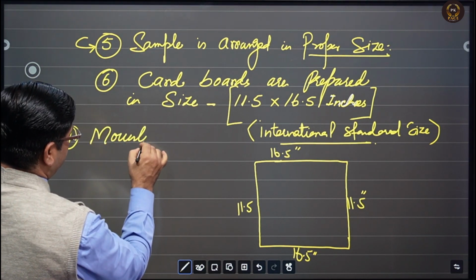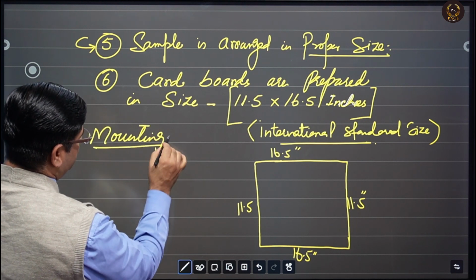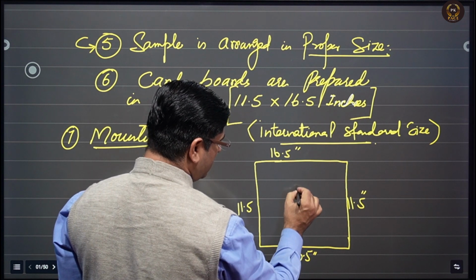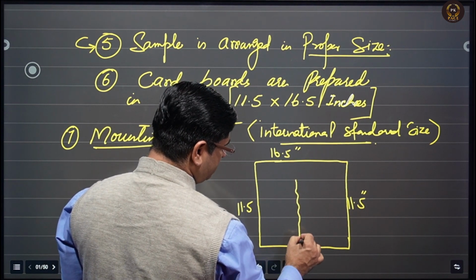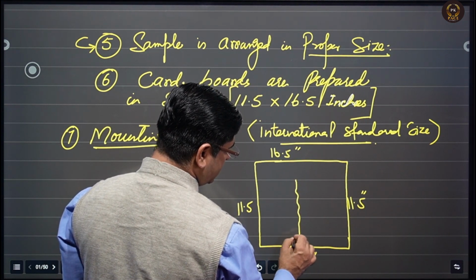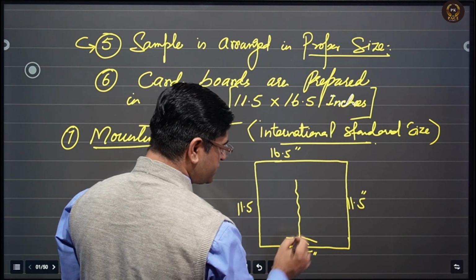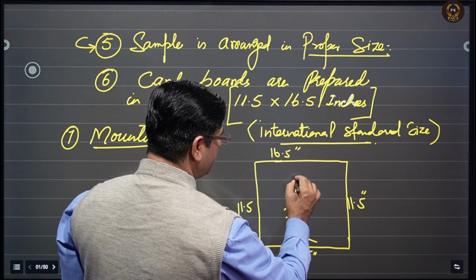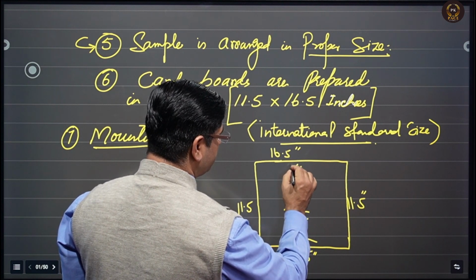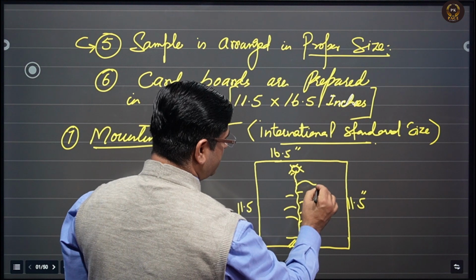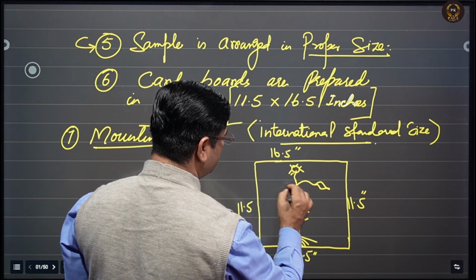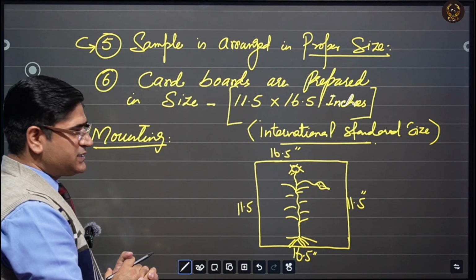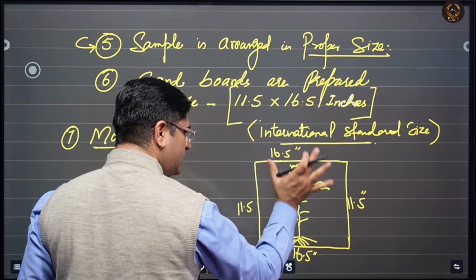Next is mounting. Suppose this is the sample, a cut part of the stem of that plant, which depicts the root system, then the shoot system. Then maybe a flower may be present, it may have the fruit as well. All these things are cut in a proper size, then pasted.